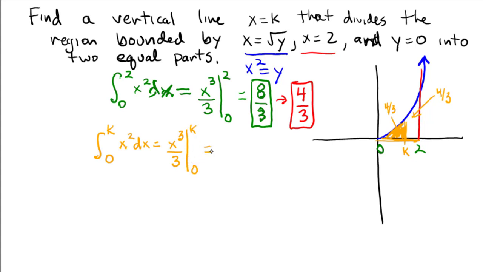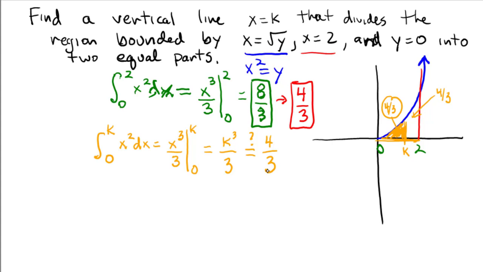Notice I chose the k and the 0 because this makes it nice and easy to evaluate as k cubed over 3 minus 0, because the bottom bound is 0. And what did you want this to be equal to? Oh yeah, we wanted it to be equal to 4/3.